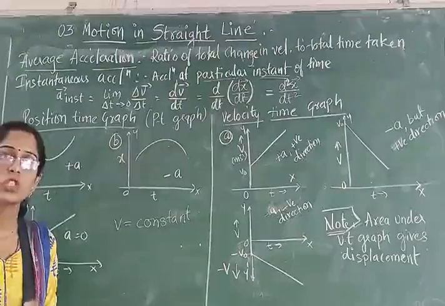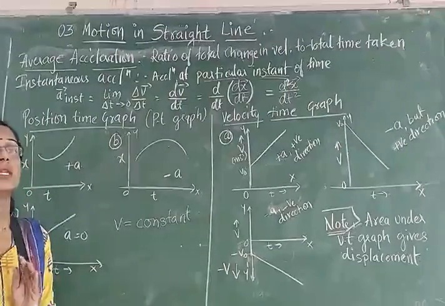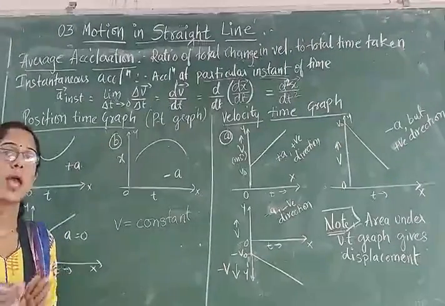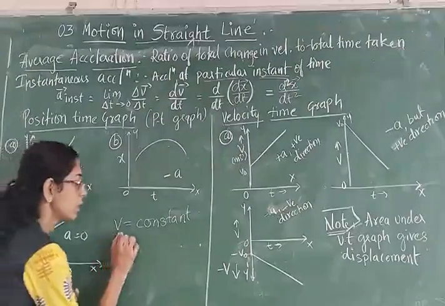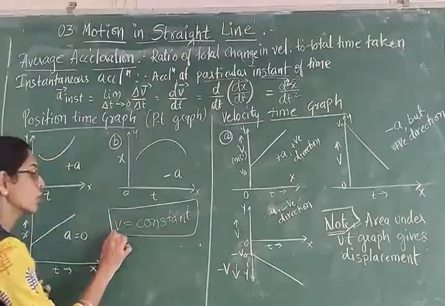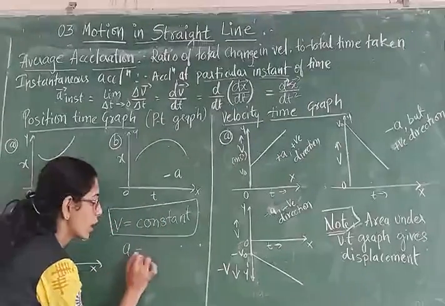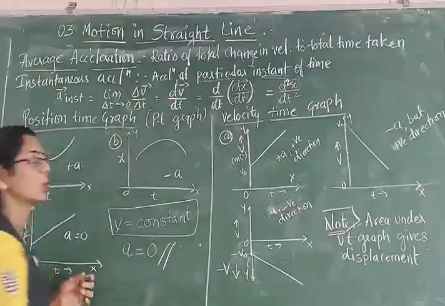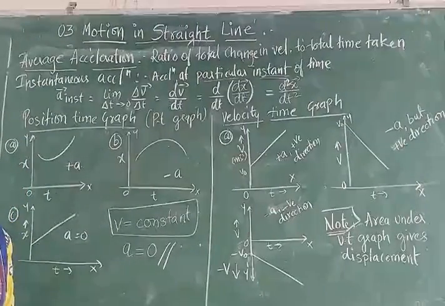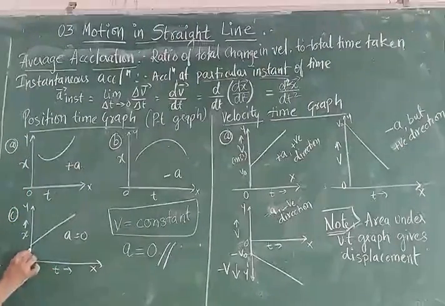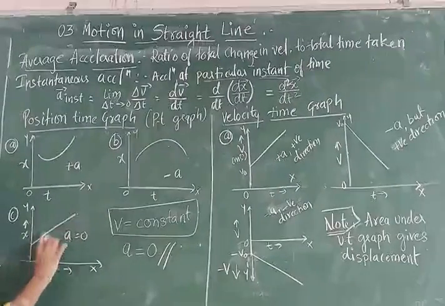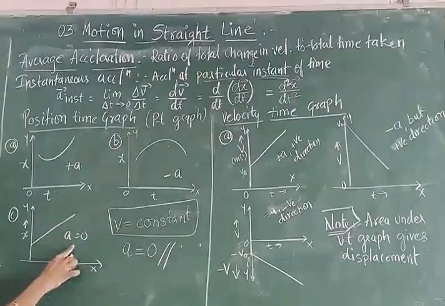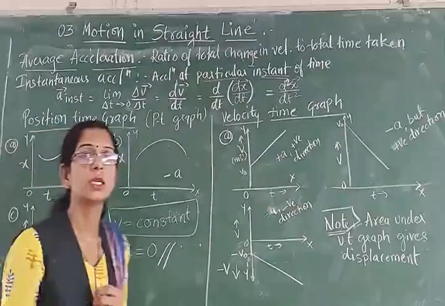So when there is no change in the velocity, we cannot define the term acceleration. So when velocity becomes constant, automatically your acceleration will be equal to 0. So here this is the representation for uniform velocity. The change in the velocity is zero, therefore your acceleration will become 0.